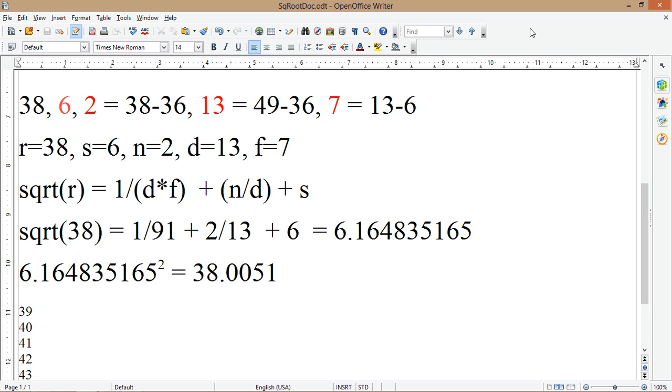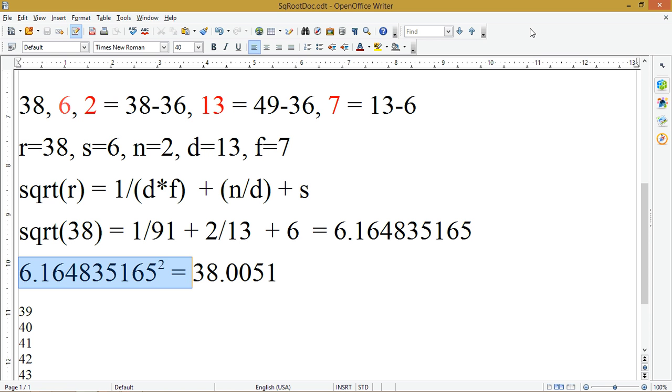Let's go all the way down to plug in the numbers. Square root of 38 equals 1 over 91 plus 2 over 13 plus 6. So again, 1 over d times f plus n over d plus s. And this yields, for the square root of 38, for this particular algebraic expression, 6.164835165.